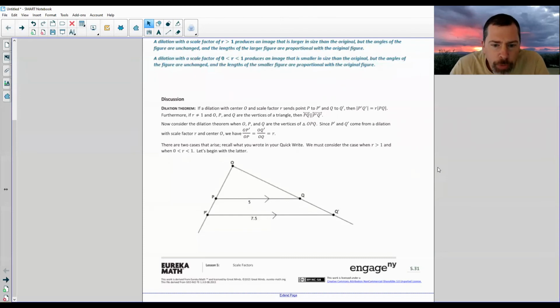Okay, before moving on, I wanted to bring in the diagram that would go with this statement that we just read.